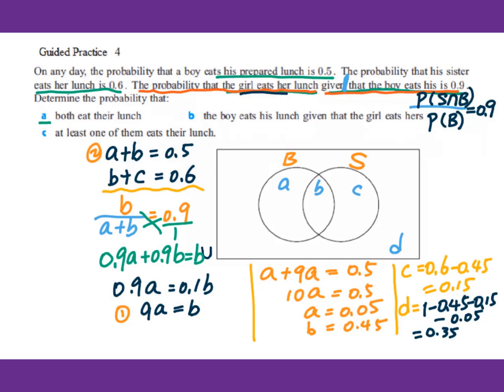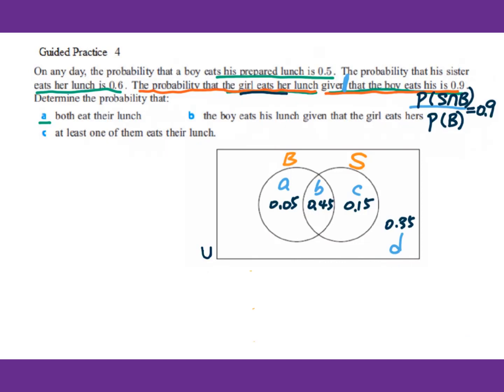Now let's label: 0.05, 0.45, 0.15, 0.35.